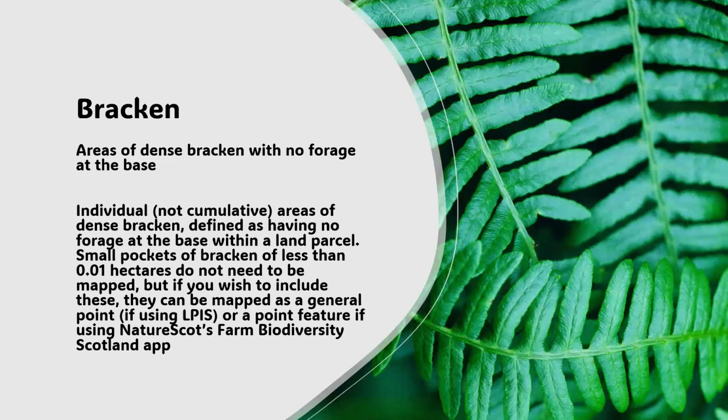Highly unlikely that an entire land parcel will fall under this particular habitat, but if you feel so inclined as to include it in the habitat map, depending on the level of detail that you want to provide, then absolutely, this is something that we're very interested to find out about.